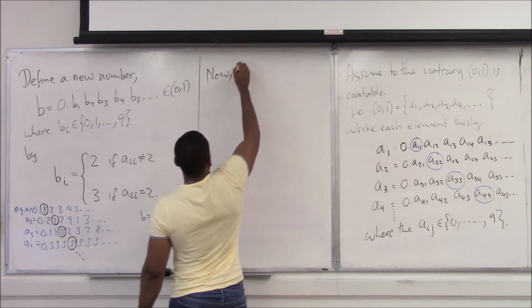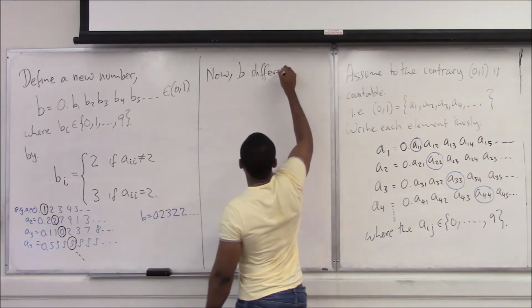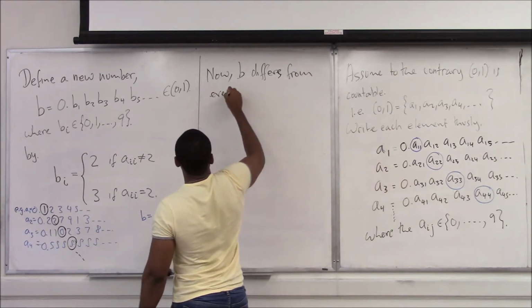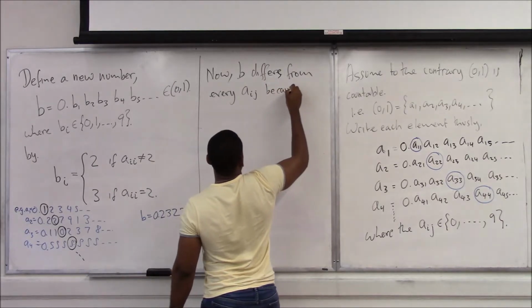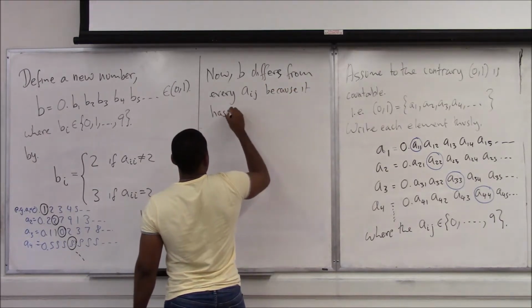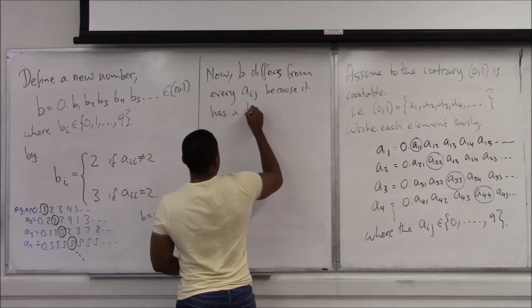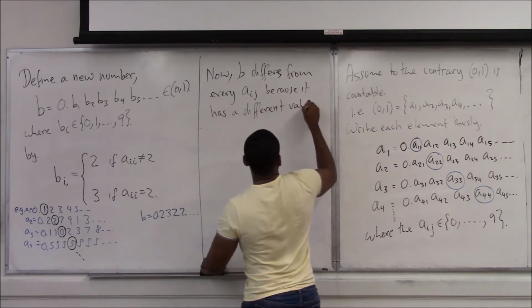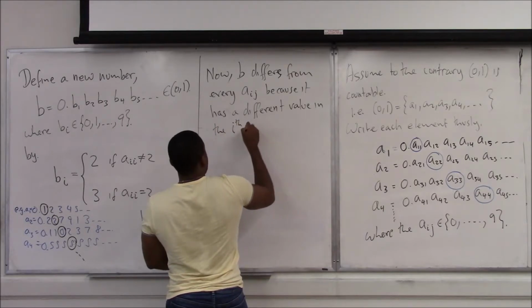Now, B differs from every Aij because it has a different value in the ith position.